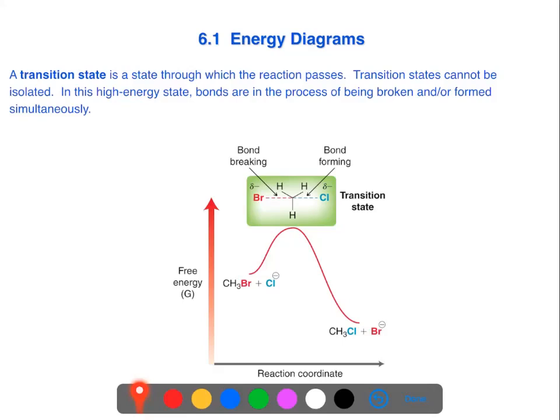At the transition state, we have the carbon-bromine bond of bromomethane starting to break, whereas the carbon-chlorine bond is starting to form. So again, this high energy transition state is really the process where these bonds are being formed and broken as the reactants proceed to products.